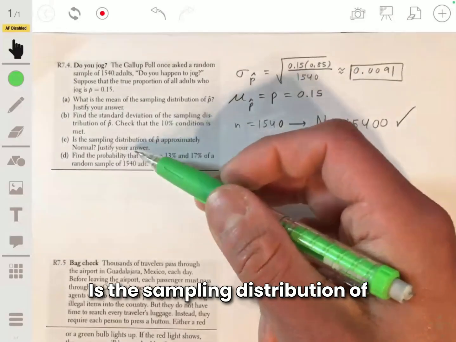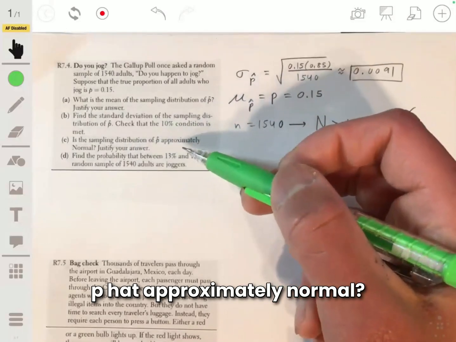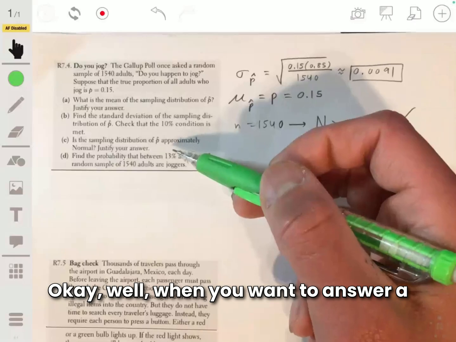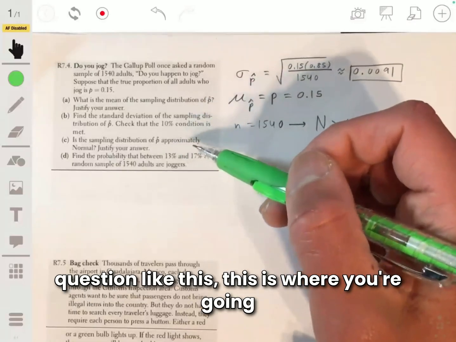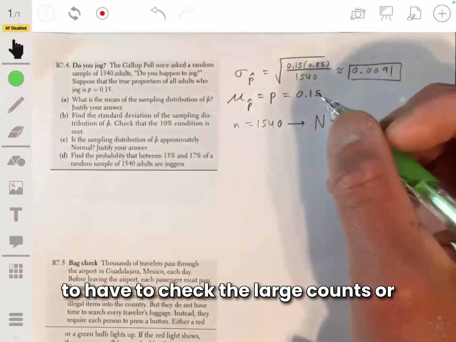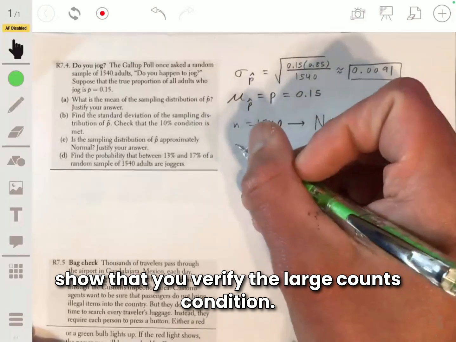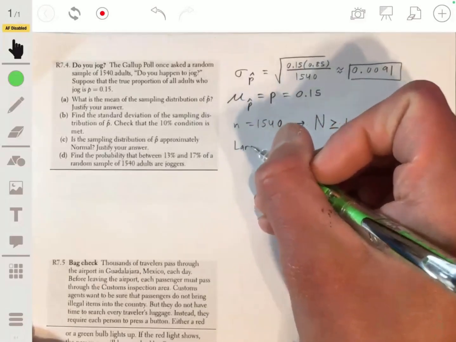Is the sampling distribution of p hat approximately normal? When you want to answer a question like this, you have to check or show that you verify the large counts condition.